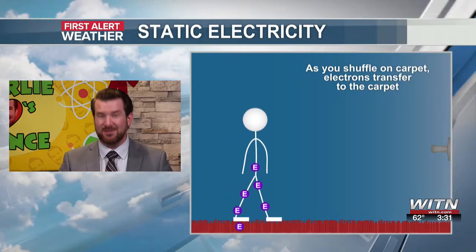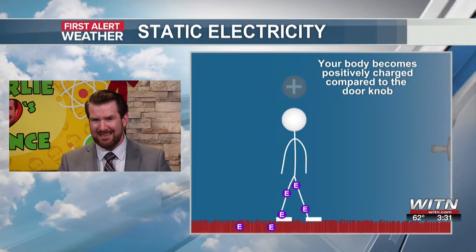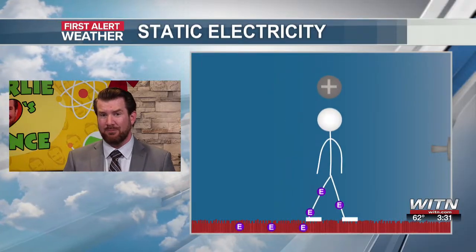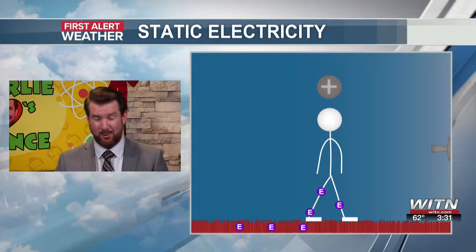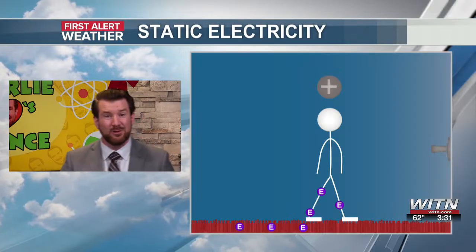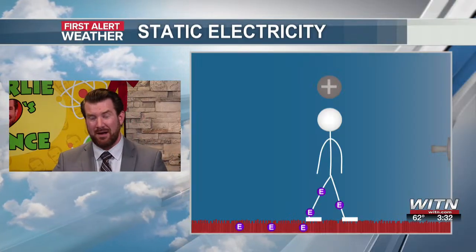Here you can see those electrons being deposited in the carpet floor, and this allows your body to become more positively charged. More electrons would lead us to a negative charge, but we are losing electrons, so that gives us more of a positive charge.